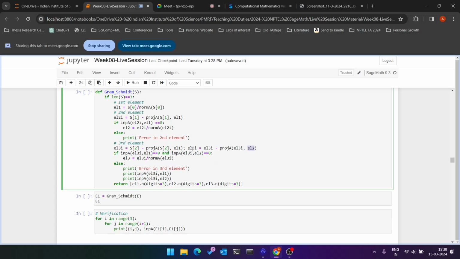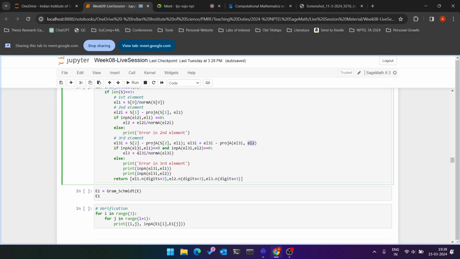By doing so, we again check the inner products between L3I and L1, and between L3I and L2. Both of them should vanish. If they do vanish, we calculate the third element as L3I divided by the norm of L3I.